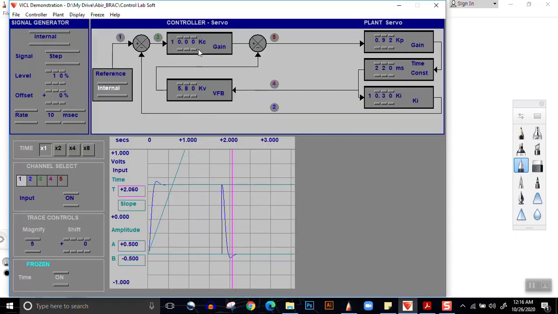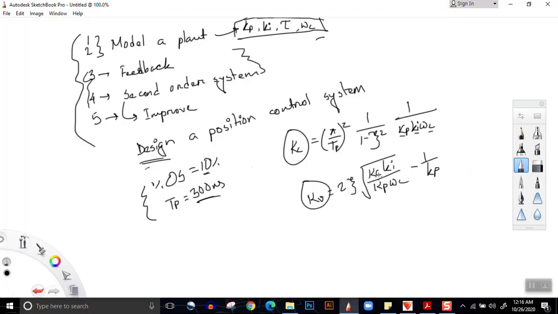We put these values, Kc and Kv, into the system. By doing so, we will find the output system and observe that the output will have a desirable value, that is, overshoot of 10% and peak time of 300 milliseconds.